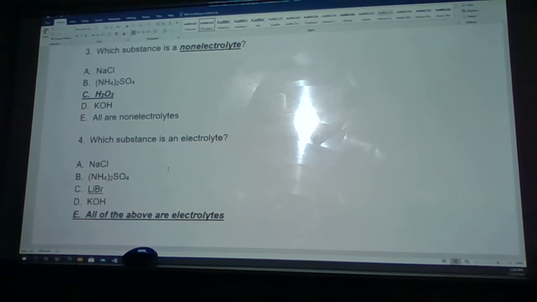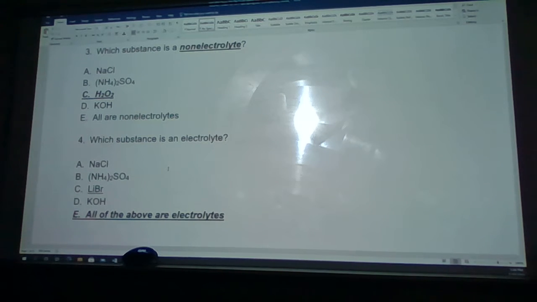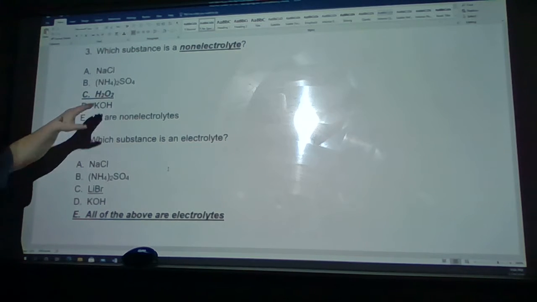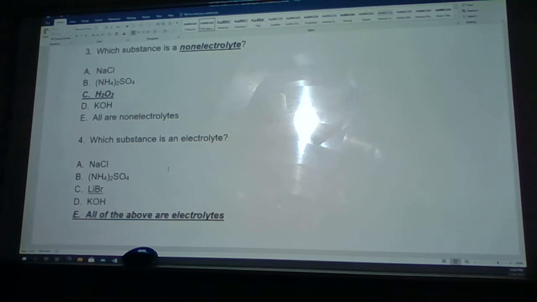Ammonium sulfate busts up into the ammonium cation and the sulfate anion. KOH busts up into the potassium cation and the hydroxide anion. The only one that is a non-electrolyte is H2O2. That is a compound, but it is not an ionic compound. It is a covalent compound.